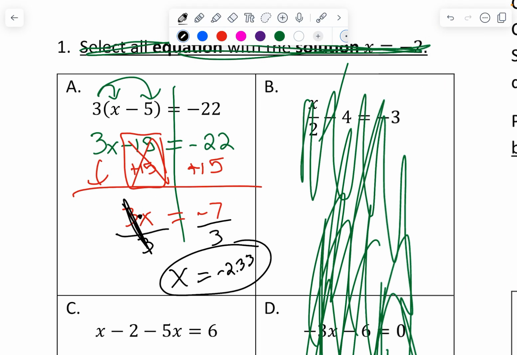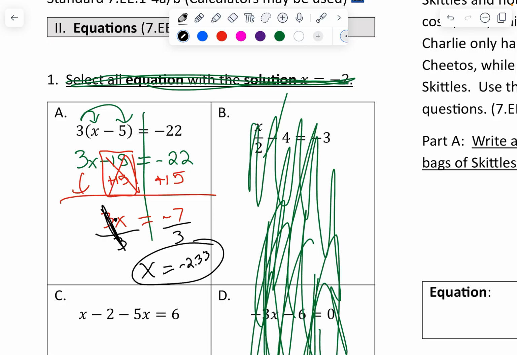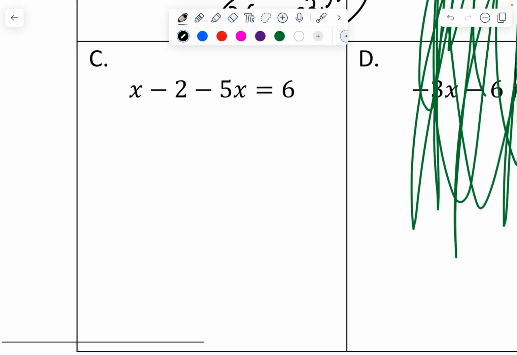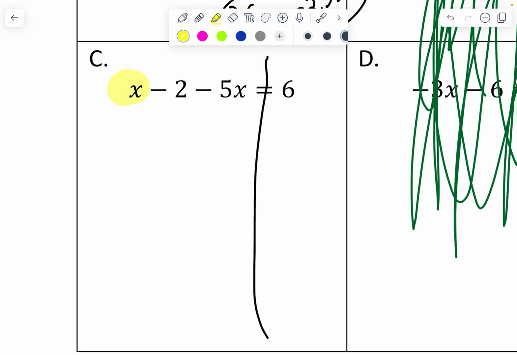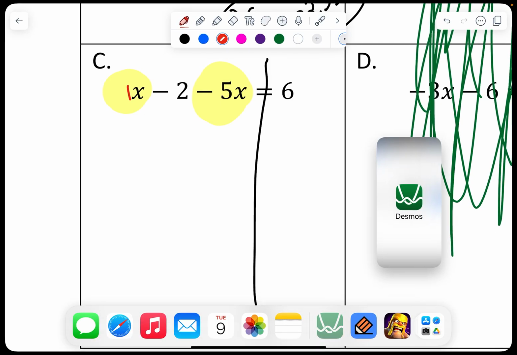All right, cool. So again, our mission: multiply if we can, put together any like terms, and then after that, it's really just getting the variable by itself. So here we go again. No parentheses, so no multiplication, but I can put these together. So 1 plus negative 5.